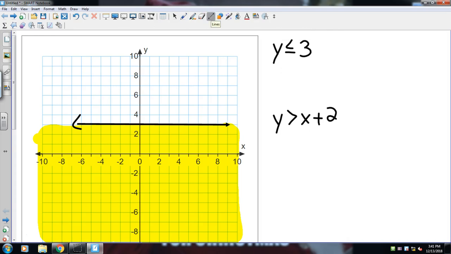And I know that it has a y-intercept of 2. And so I'm going to go on my y-axis. And I need to put it in the right place. I have a y-intercept of 2 right there. And then my slope is 1 over 1. So I'm going to go up 1 and to the right 1. Up 1 to the right 1. And in this case, this is a dashed line.